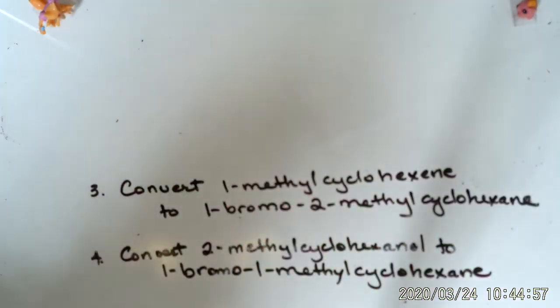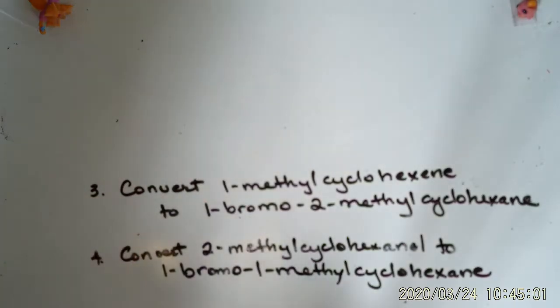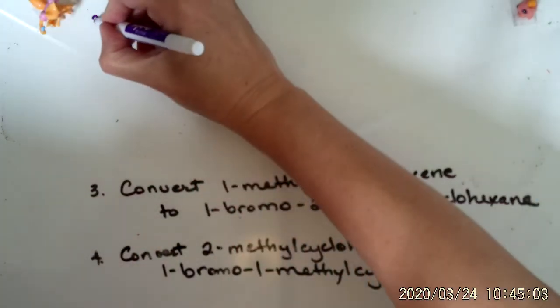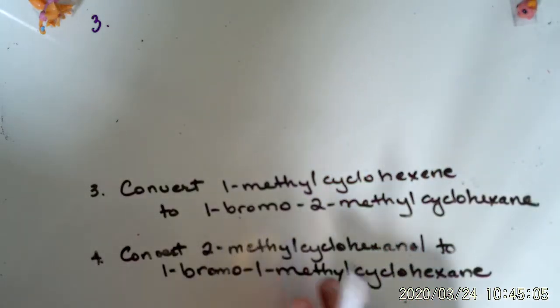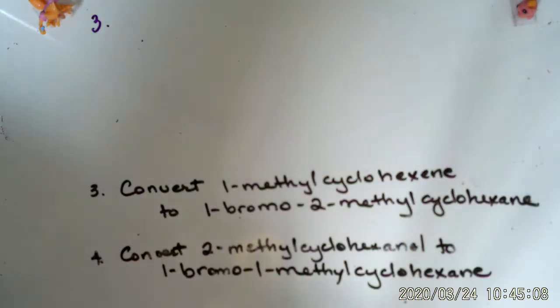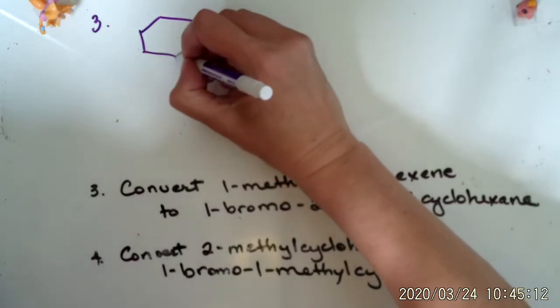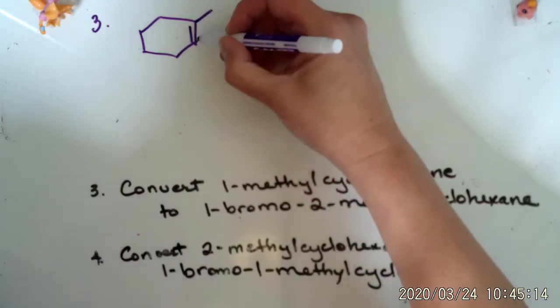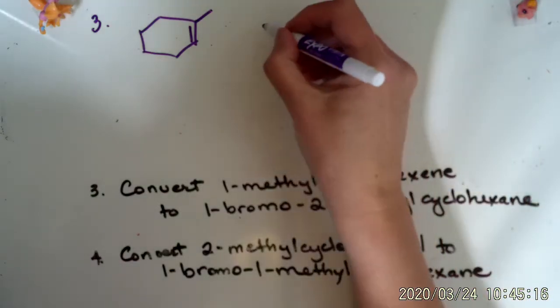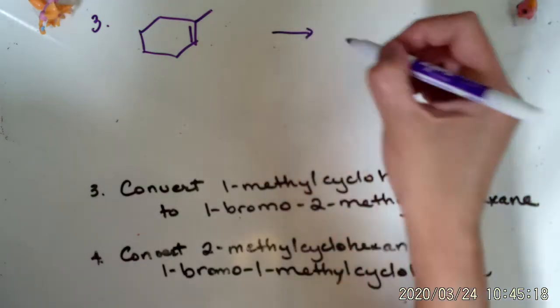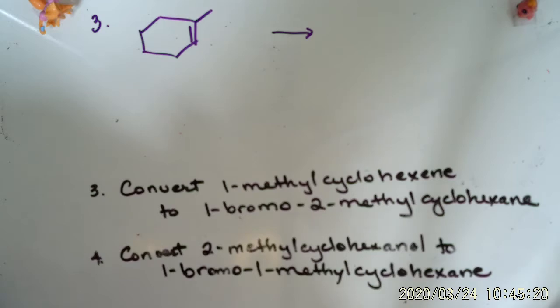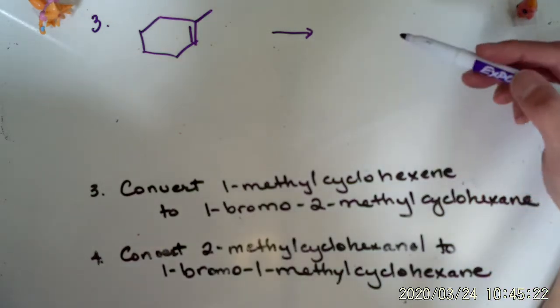Okay, so let's take a look at number 3. 1-methylcyclohexene to 1-bromo 2-methylcyclohexane. So, here's my cyclohexene, 1-methylcyclohexene, and I want to figure out, it might be more than one step now, so we have to bear in mind how many steps we're going to do.